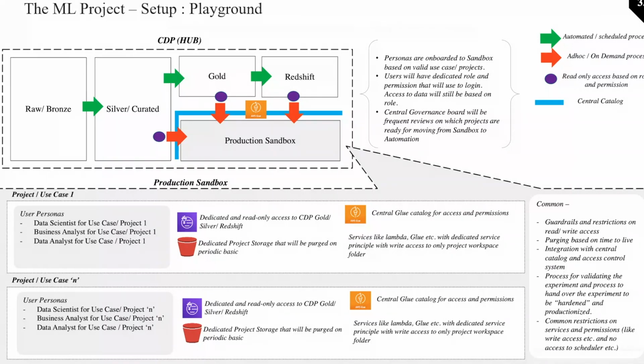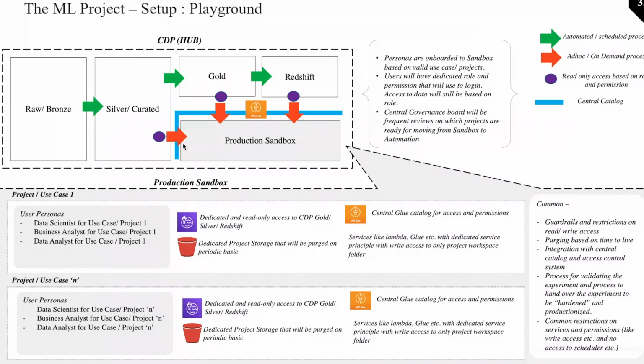So most of our clients, and that's where we have gone into our clients and suggested them, saying, you need something called a production sandbox. This box here. The production sandbox is a logical construct within your data lake in production, which means we are talking about setting up an independent location within your data lake in your production, where the production sandbox will now have access to your silver or curated data, gold data, and if you have any kind of data mesh, data products that you have registered, those data.